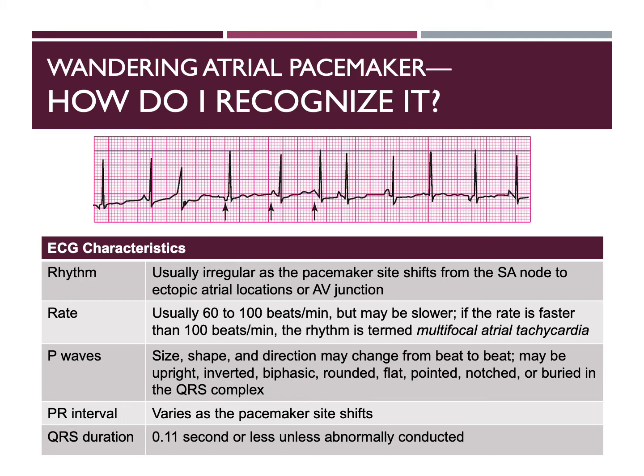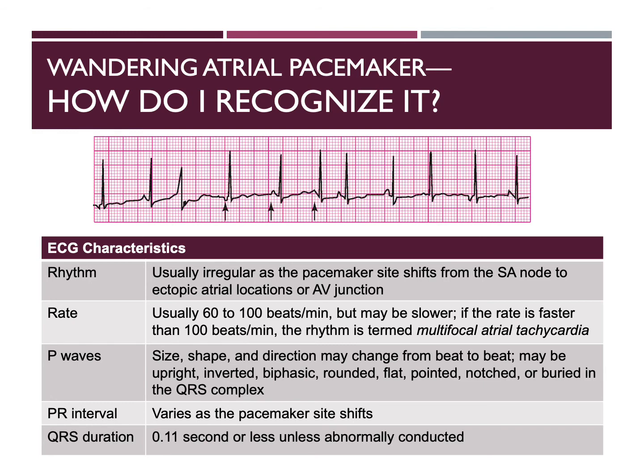As far as other characteristics that we're looking at, usually the rhythm is going to be irregular as the pacemaker site shifts from the SA node to other ectopic atrial locations or even that AV junction. Now, our rate is usually going to be normal, but it can sometimes be slower as well.